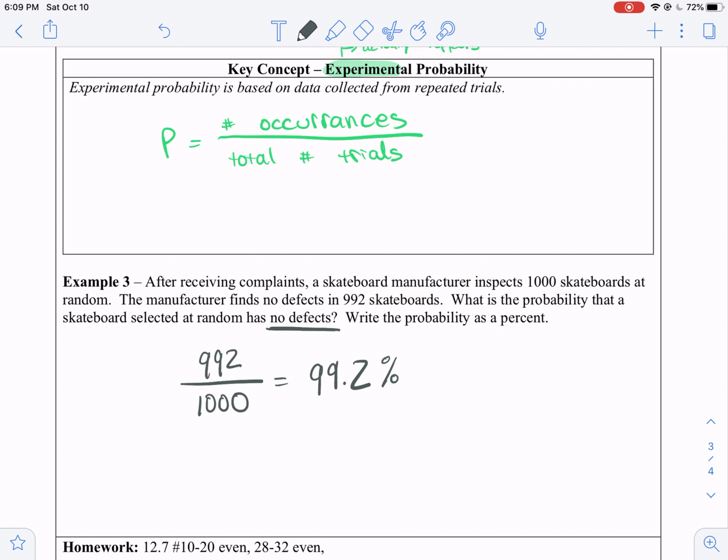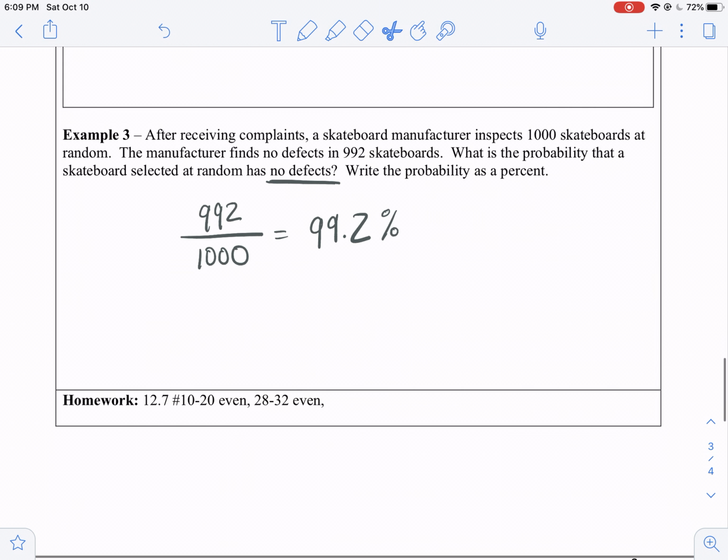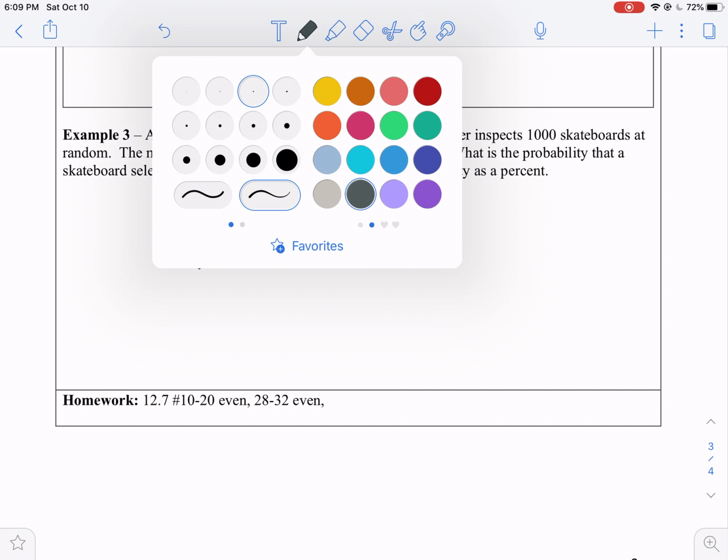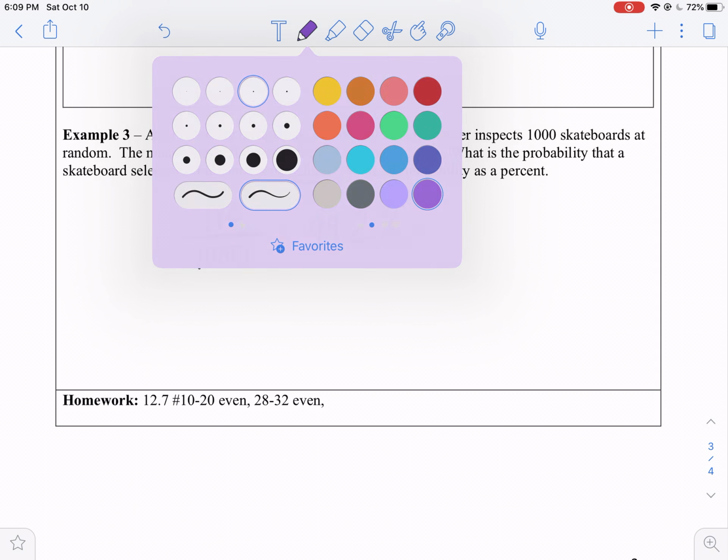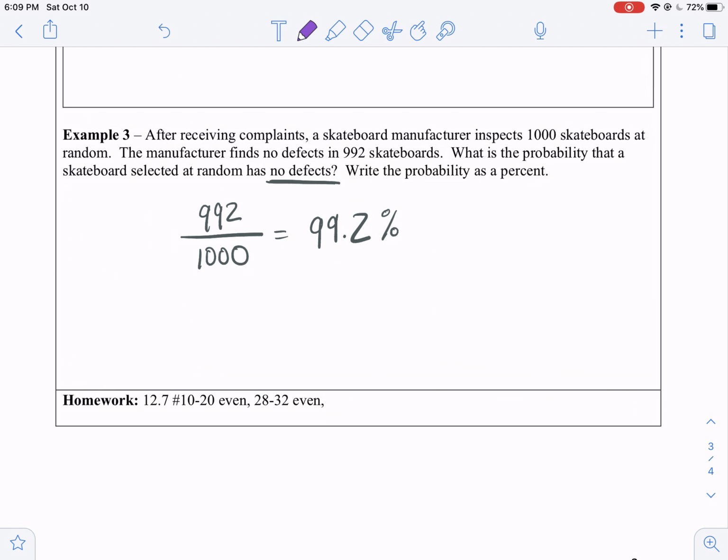Now, what if we wanted to calculate the probability of getting a skateboard with a defect? Then we would want to find the complement. So let's say defect testing. The probability of getting a defectless skateboard is 99.2%.